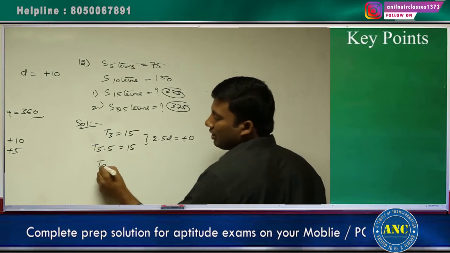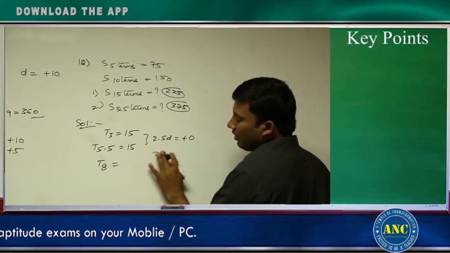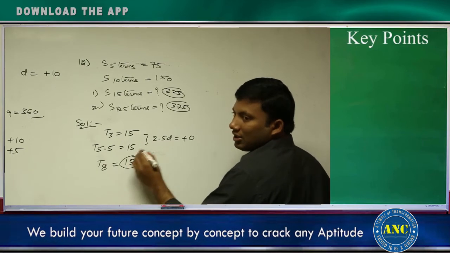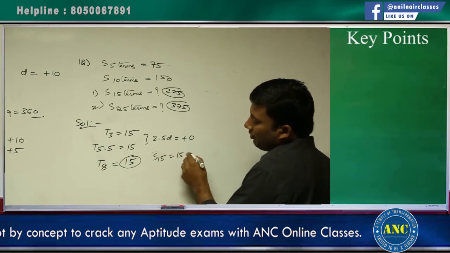What is the middle term? T8. 2.5D is 0, and another 2.5D will be another 0. 15 plus 0 is 15. So S15 will be 15 into 15, 225.